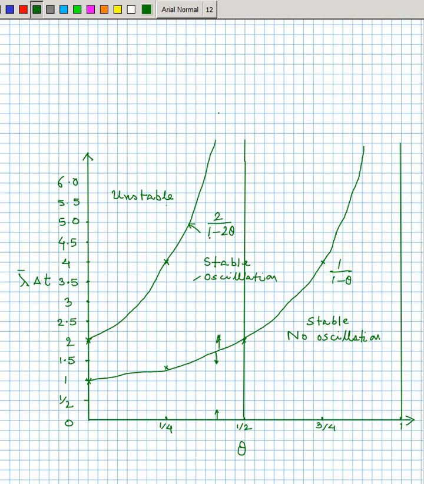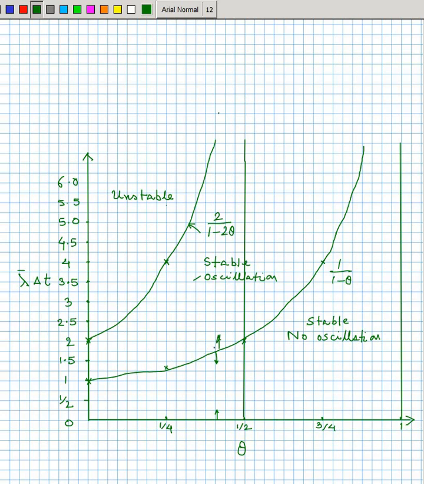And for 2 by 1 minus 2 theta, if you increase theta, the maximum is up to half, and it goes towards this line.